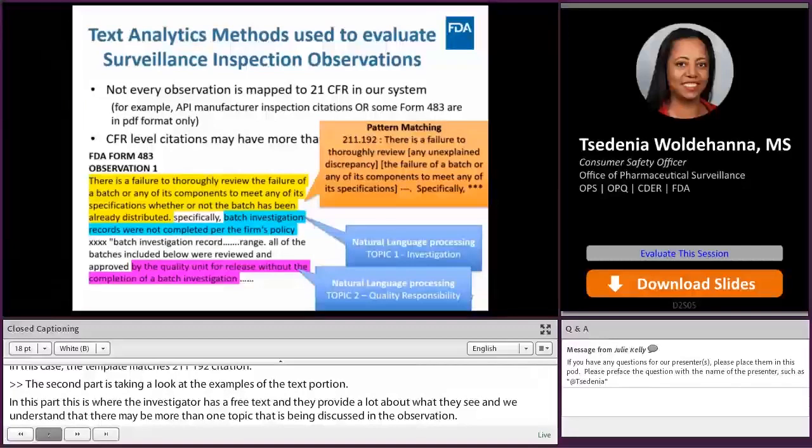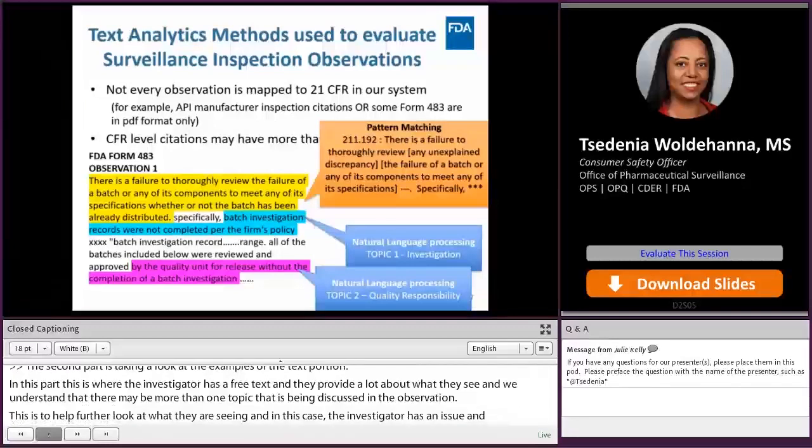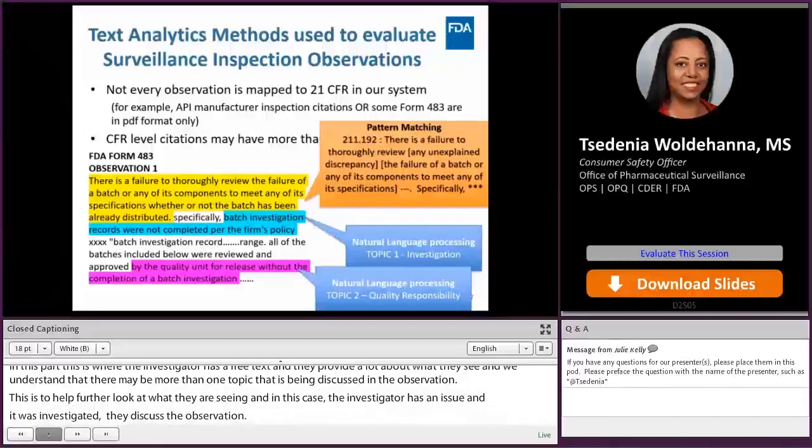There are various topics that appear, which are the investigation portions of it, and also certain topics relating to quality responsibilities. So we're utilizing text analytics and pattern matching to really get a better insight as to what the main things being discussed are.